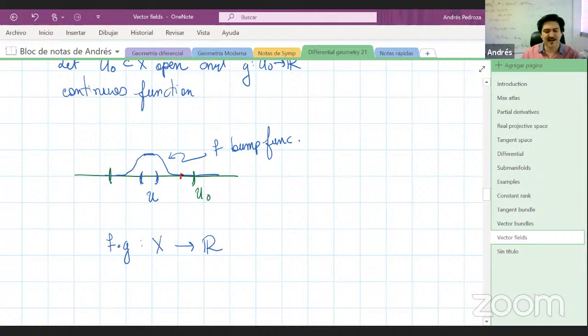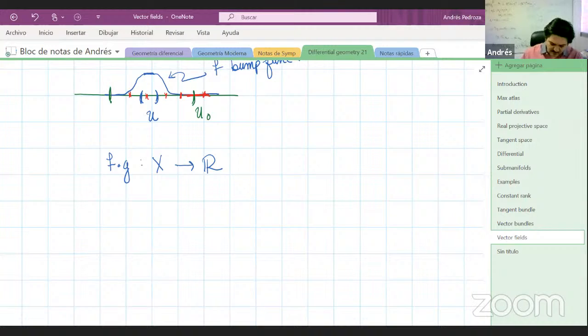Here, at that point, G is continuous, F is continuous. Here, here, here. But what happens here? Well, because it's already constant, it's going to be continuous. Okay? So, yeah, this is more accurate.